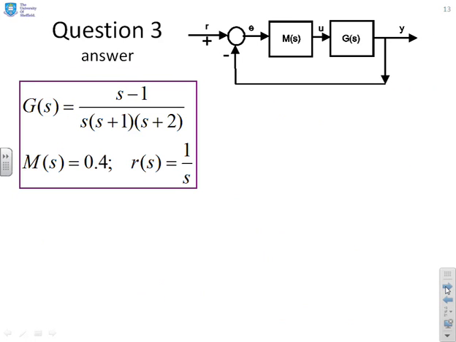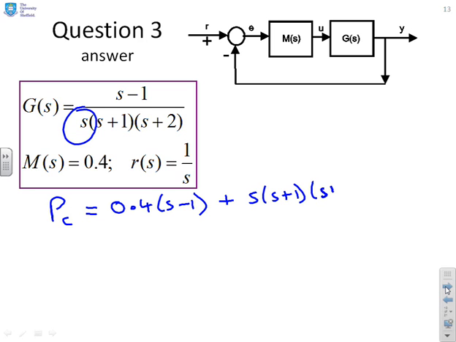Next question. Again, you'll see there's an integrator. So the offset will be 0 if I'm closed loop stable. So let's find the closed loop pole polynomial. PC equals 0.4 into (s minus 1) plus s(s plus 1)(s plus 2), which gives me 0.4s minus 0.4 plus s cubed plus 3s squared plus 2s.